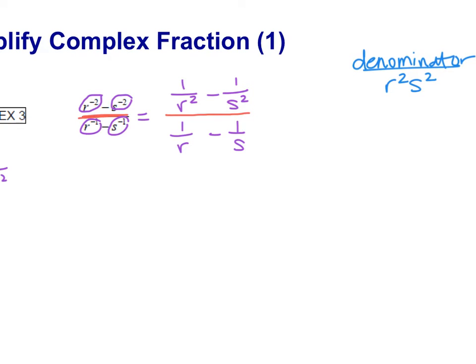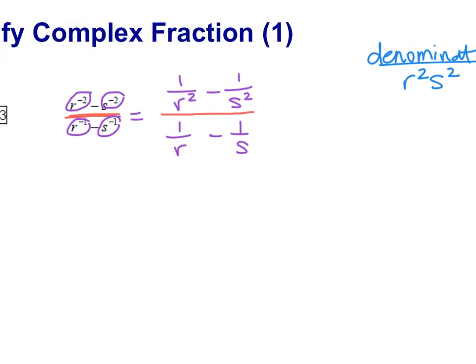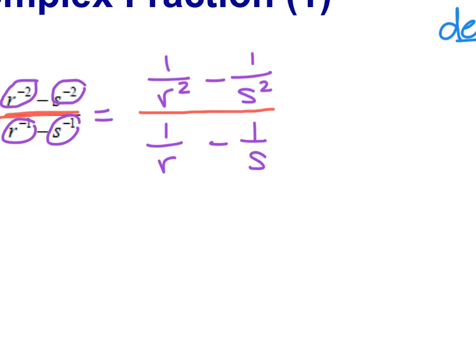So what we are going to do is multiply all 4 of these fractions by r squared, s squared. All right, this is where it's going to start to look a little sloppy. I'll try to zoom in to make this a little better. Okay, remember when we do this, we're multiplying the top by the r squared, s squared.